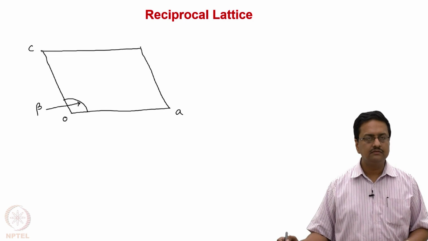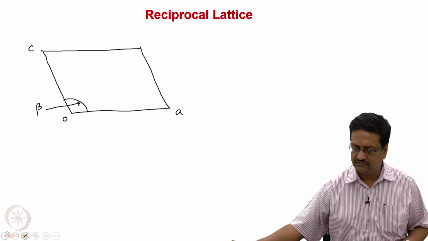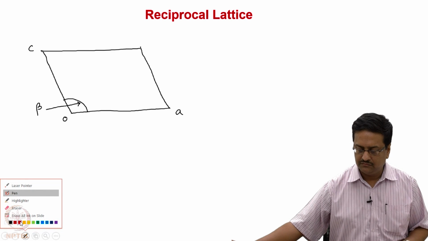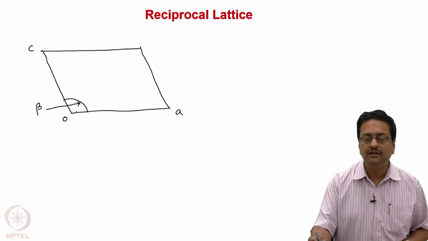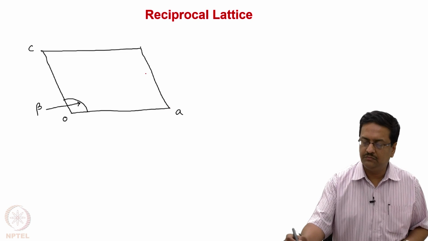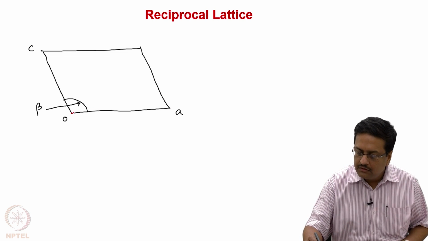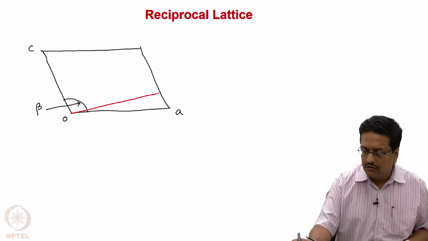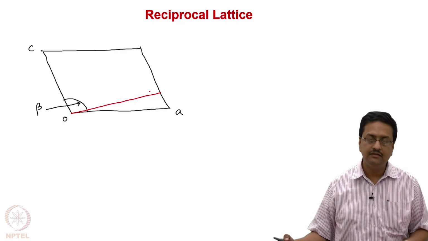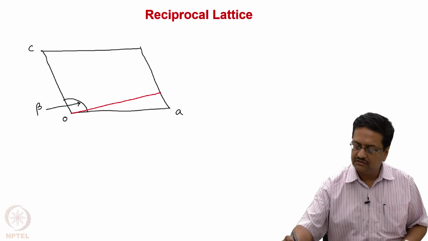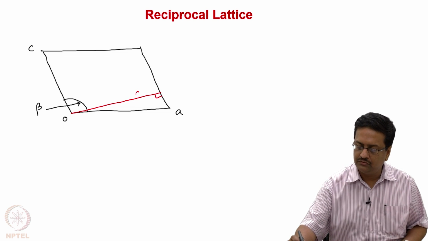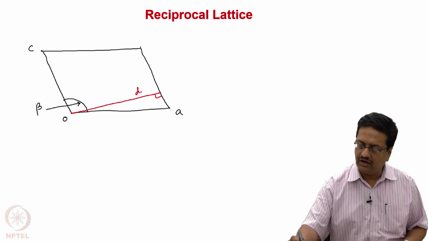Now, if we drop a perpendicular from the origin to the plane which is parallel to C, this perpendicular will correspond to D100.